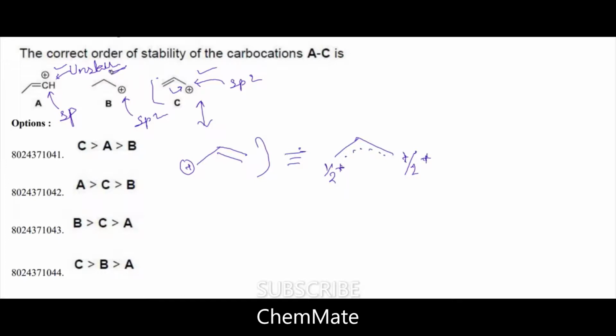On the other hand, this carbocation is stabilized by the +I effect of this ethyl group and 2 hyperconjugative structures for these 2 hydrogens. As we know, resonance is a more stabilizing factor than the +I inductive effect or hyperconjugative effect, and that's why the stability order will be C greater than B greater than A.